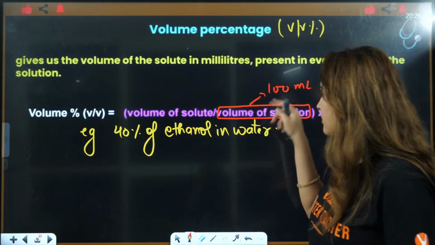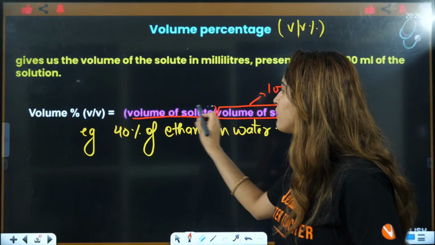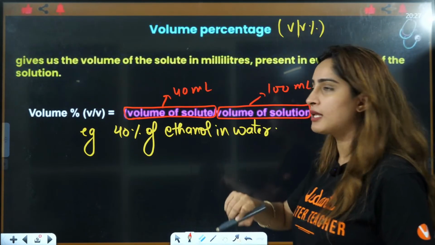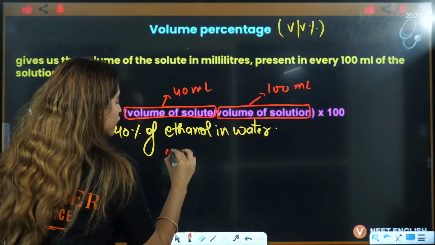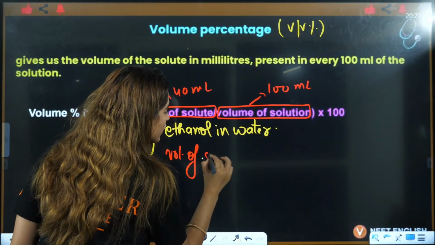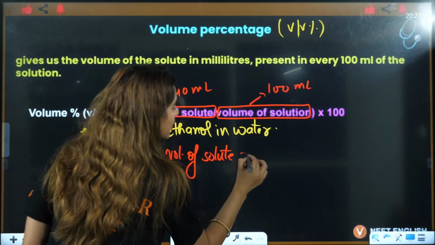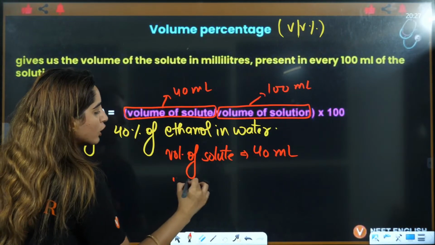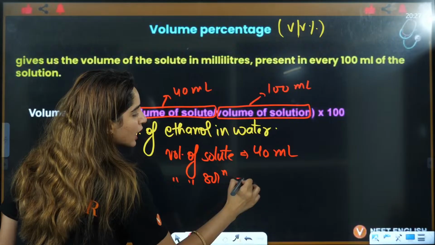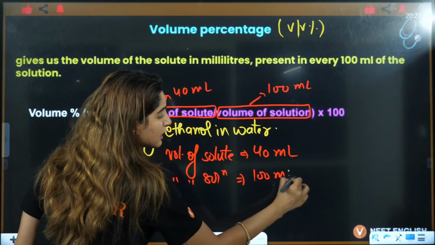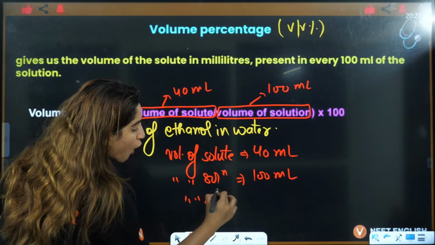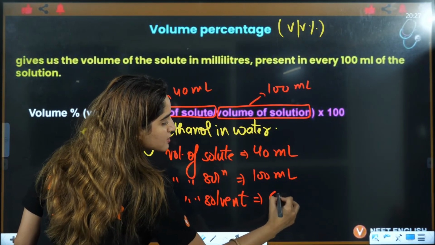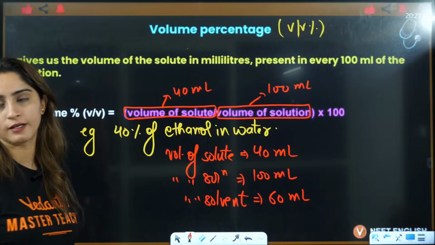That means volume of solute will be this percentage, that is 40 milliliter. Volume of solution we have assumed to be 100 milliliter. Then volume of solvent is going to be 100 minus 40, that is 60 milliliter, right?